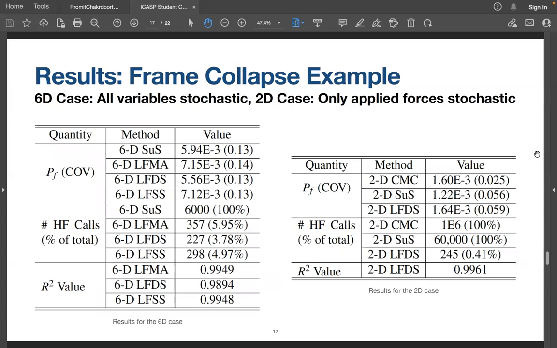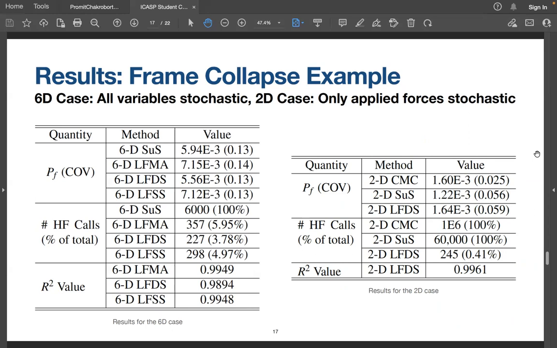The first collection of rows in each of these tables shows us that the proposed algorithm estimates the failure probability very accurately as compared to subset simulation, and also with the same level of coefficient of variation as subset simulation provides. And the final collection of rows shows us in terms of the R-square value that the surrogates built by the proposed method are very accurate, since the R-square value is very close to 1.